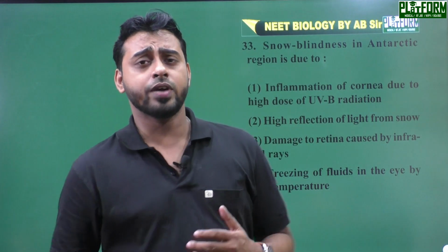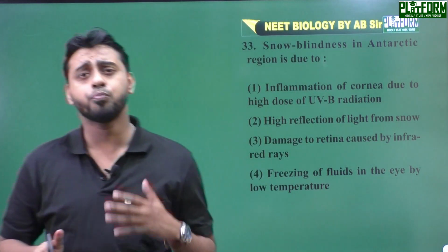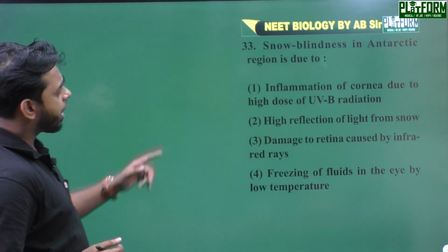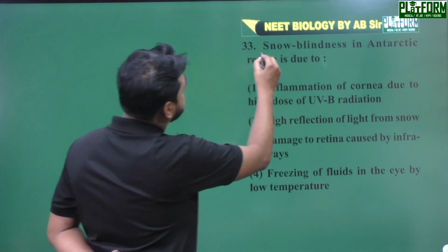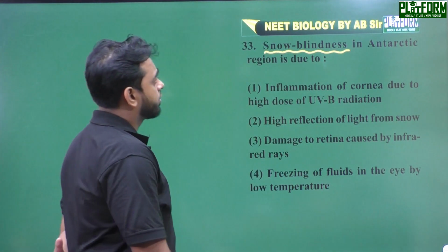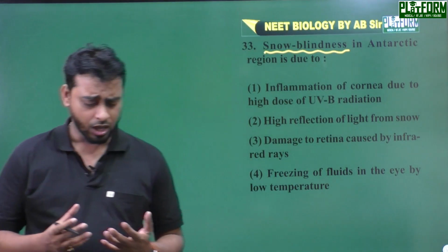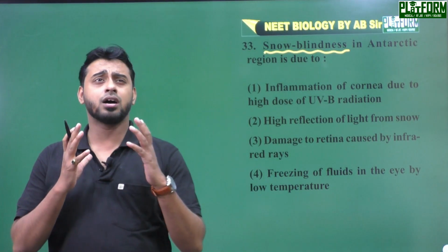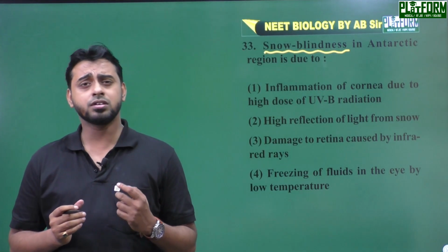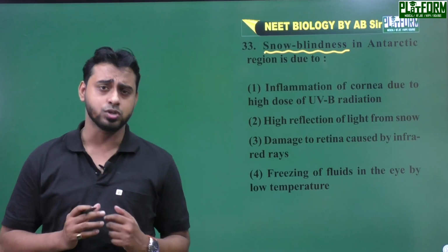Now, this particular question is from the last part, that's pollution. Fine. Now, here it is written: snow blindness is due to, okay, what is snow blindness? This is a very bad effect of ozone pollution.